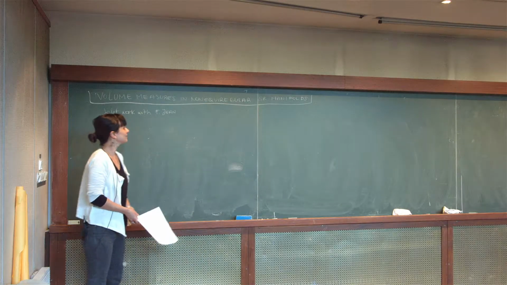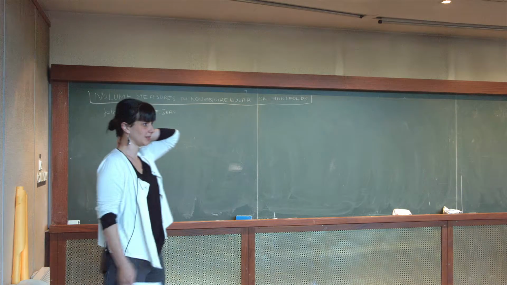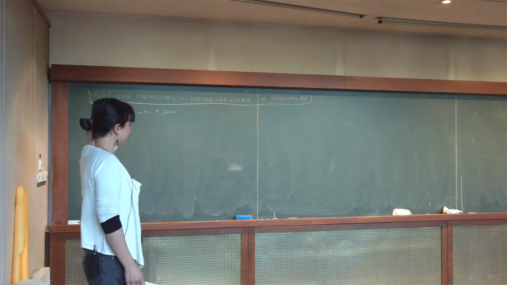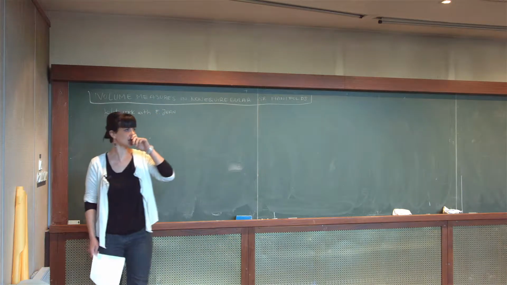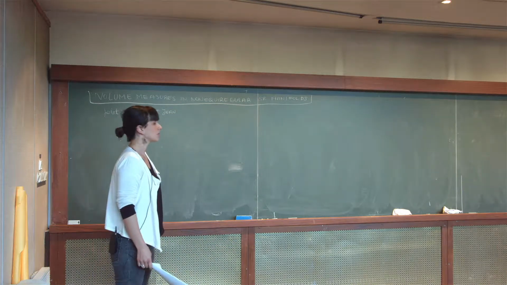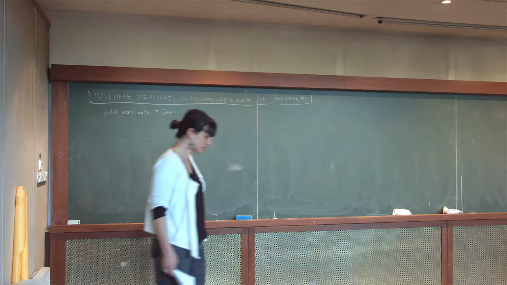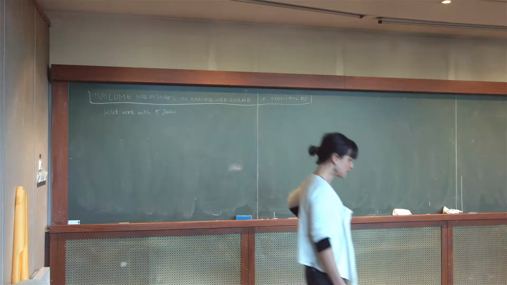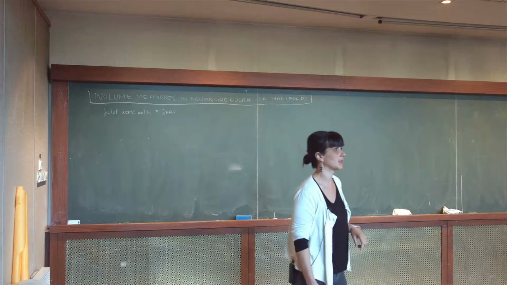So I'm going to tell you about this joint work with Frédéric Jean, and the aim of the talk is twofold. In the first part, I will talk about Hausdorff volumes in sub-Riemannian manifolds and how the presence of a singular set affects these measures.